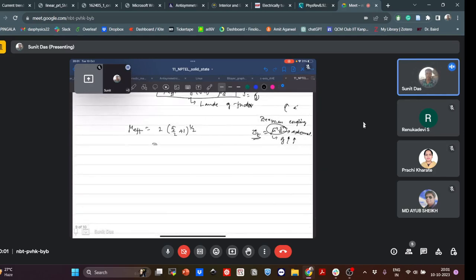So what will it be? This is around 3.74. So this is mu effective, and of course there is the Bohr magneton unit.